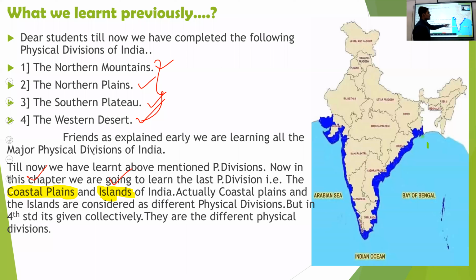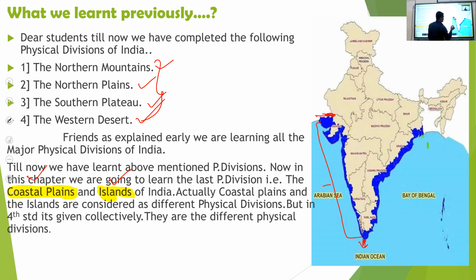You can see here, India is having a very long coastline. It starts from the Gujarat region and runs up to Kanyakumari. This much area will be called the Western Coastal Plains, or you can say this much area is called the Western Coast.